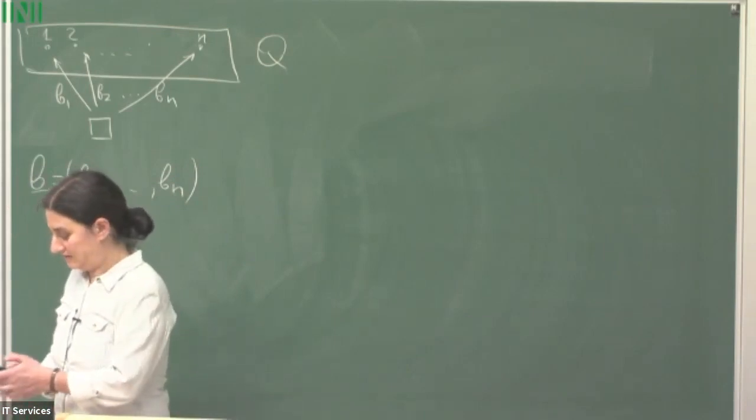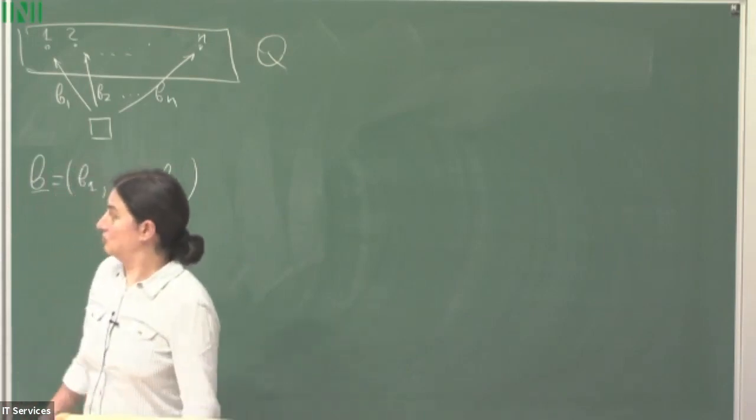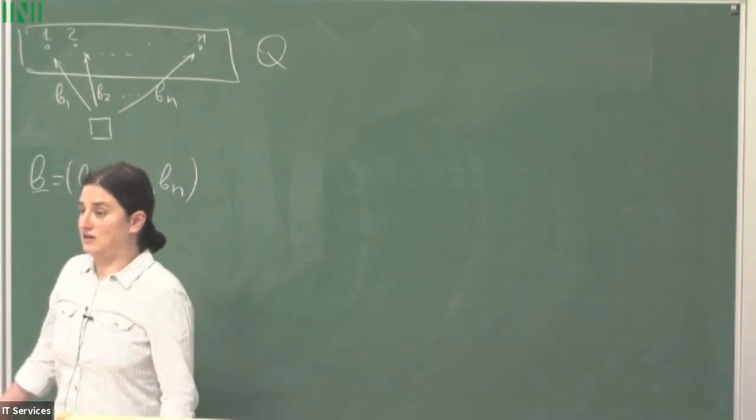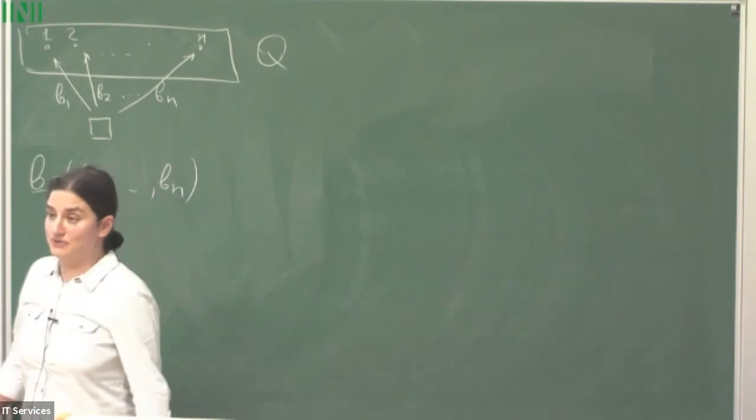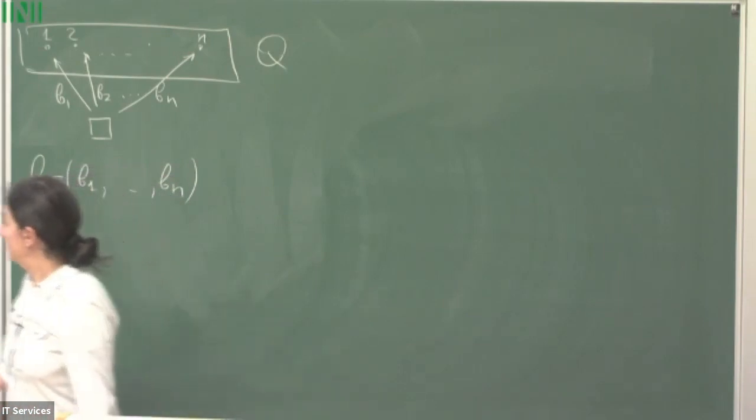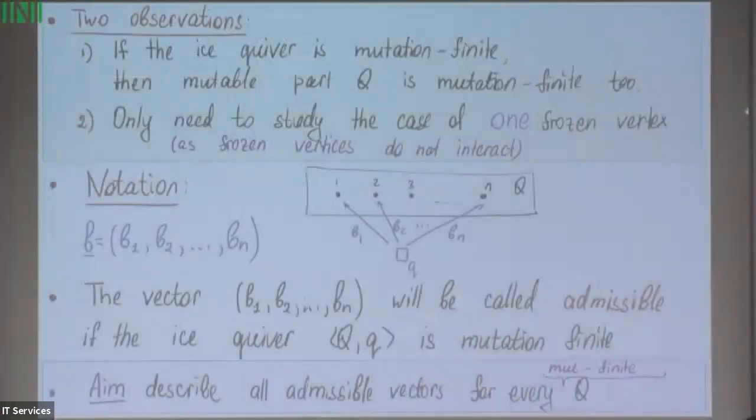So in this terminology, my task is to describe all admissible vectors for every quiver, but also we know that it is enough to look at mutation finite ones. Okay, any questions? No.